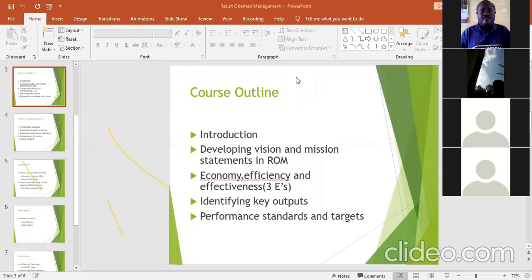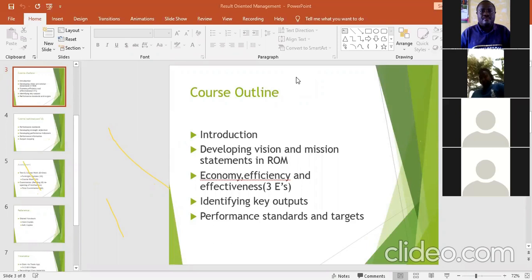Another advantage is enhanced corporate image of the organization. Due to the introduction of result-oriented management, the image of the organization, which we have called the corporate image, improves, and it also improves public relations, because everyone will start talking good about the organization that has introduced result-oriented management.